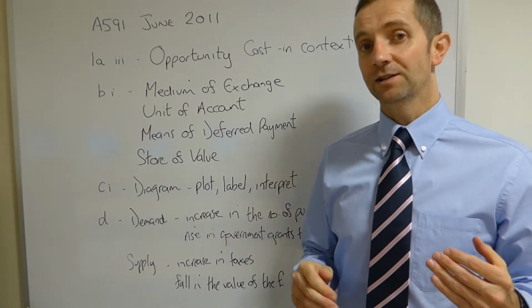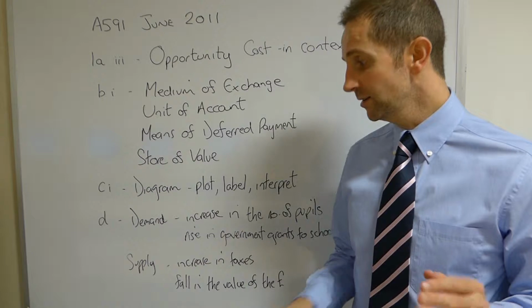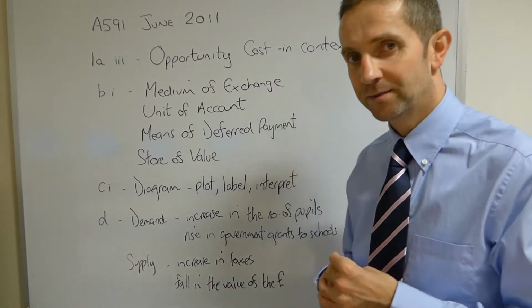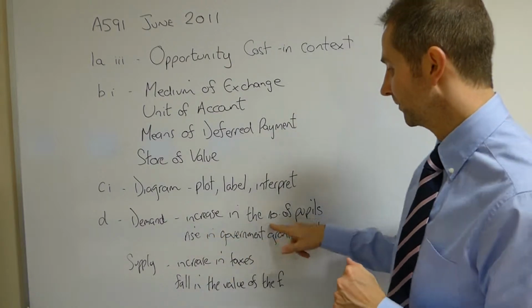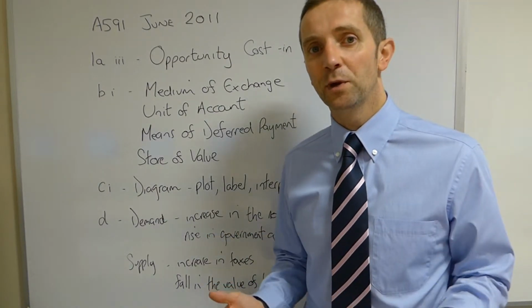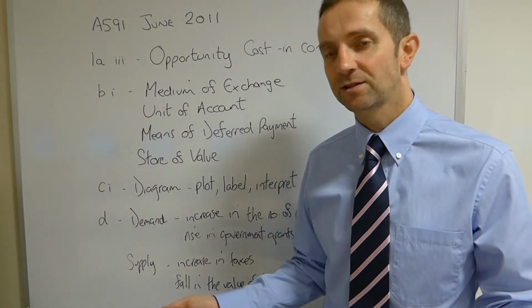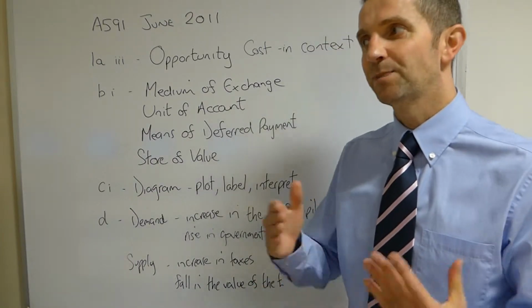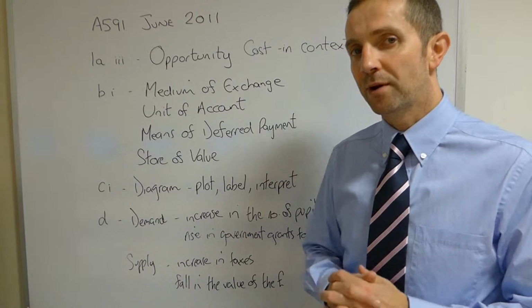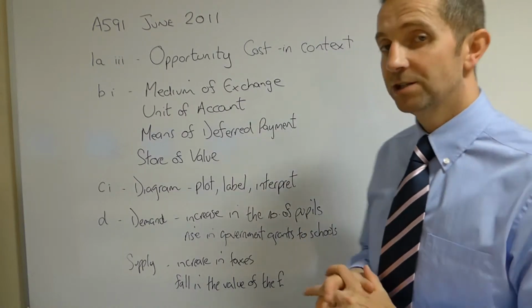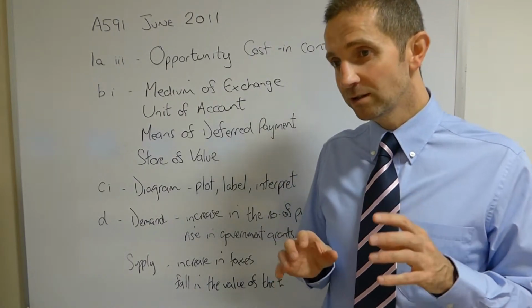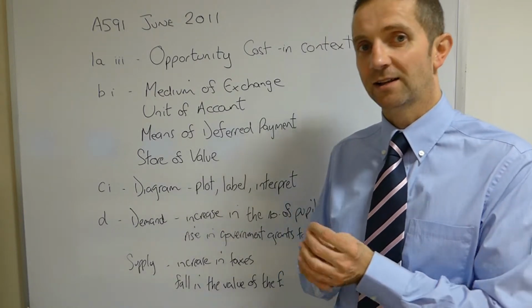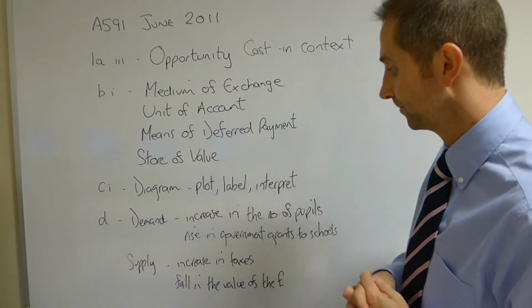So you could look, as many of you did, which was great, at the demand side factors and the supply side factors. For example, if there were an increase in the number of pupils in the school, you need more desks. Demand would go up, shift the demand curve to the right, expand supply, and put the price of those desks up. Some of you very nicely went into a discussion about the price elasticity of demand for those desks as well, which was nice to see.